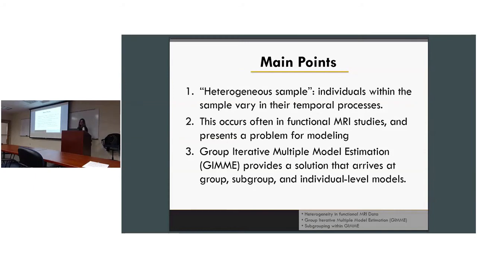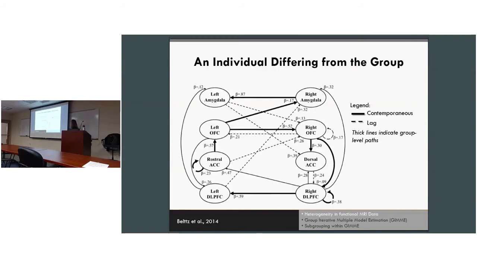And then also, of course, group level paths, and we can have our nomothetic, what is constant across individuals. So just an example of how much people can differ. This is just one individual. It's pretty typical in terms of the number of additional paths that they have in the sample. This was a paper headed by Adrian Belt at Penn State. And we have here the group level paths, and these are thick lines, and so anything that's this thick, that means that everybody in the group had it.